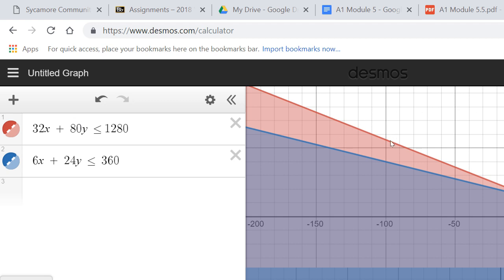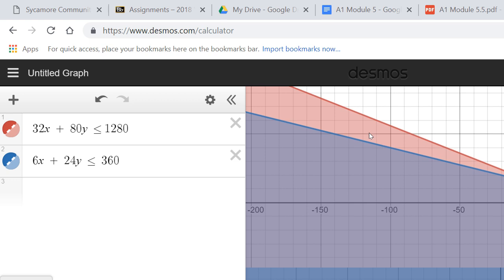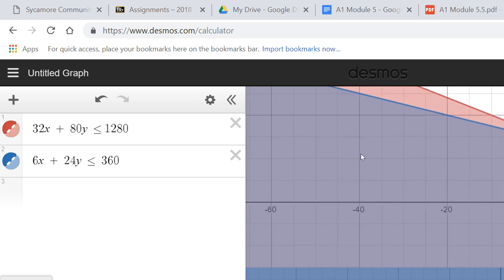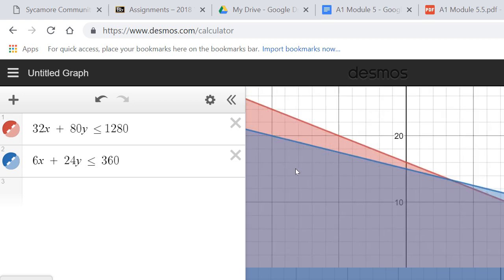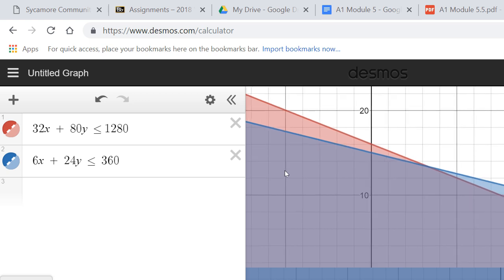And then there's the purple zone. What's the purple zone represent? Anywhere where the points touch, or not touch, but the purple zone, that's the space that it works for both of them. Except it can't go down into the negatives. Correct. So we're only looking at the positive ones.